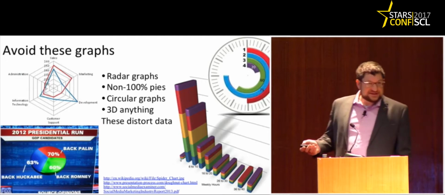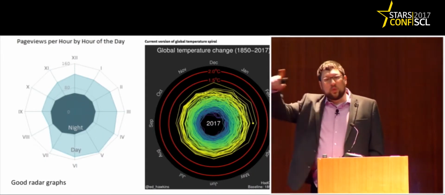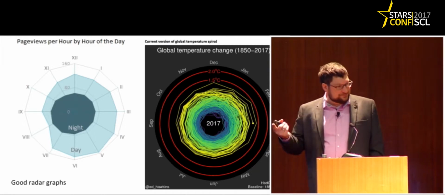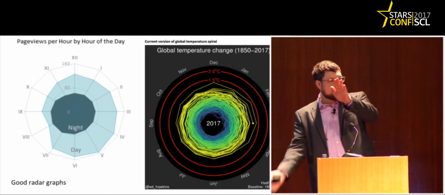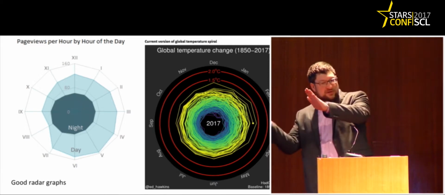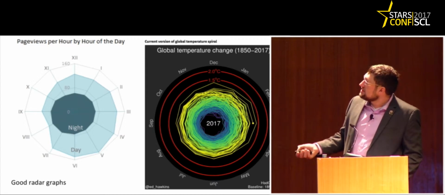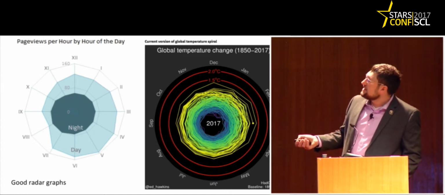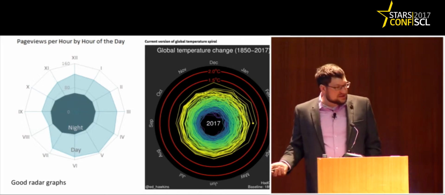Here's two examples of using a radar plot or a spiderweb plot where my data goes around in a circle. So just like on the baseball graphic, we were using those angles to show the reality of where the ball was being hit. Here, this is activity over 12 hours during the daytime and then 12 hours at night. This could be traffic. It could be numbers of calls to the call center.